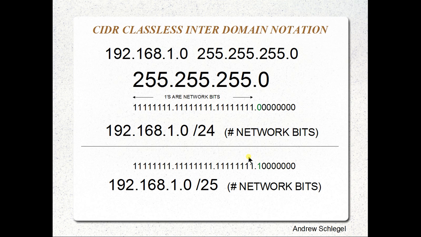So let's take a quick look here. Okay, so here's an actual network address, and then here's its subnet mask. Okay, so the 255.255.255.0, this number tells you which bits of your network address are going to be network bits and which ones are going to be host bits.